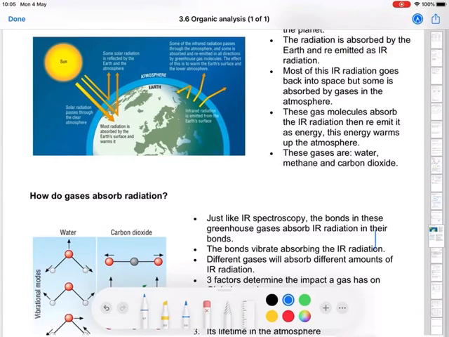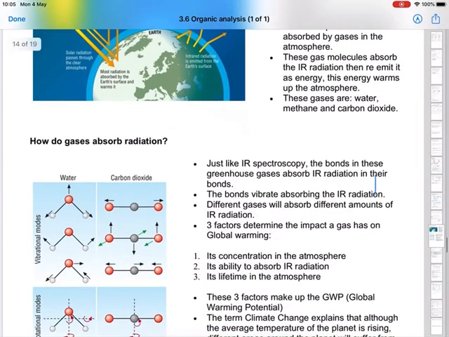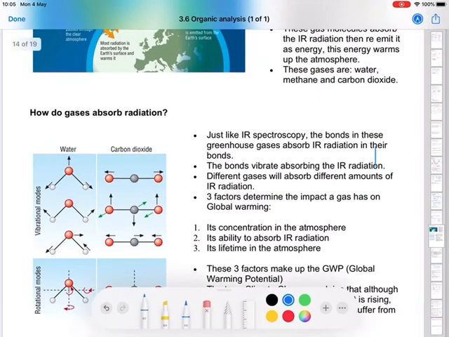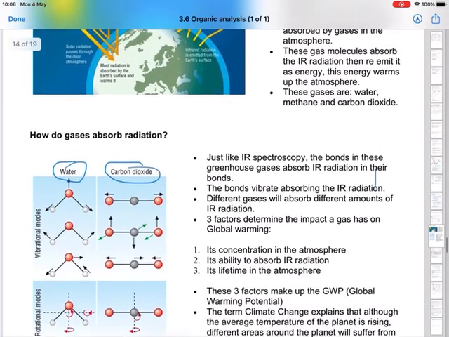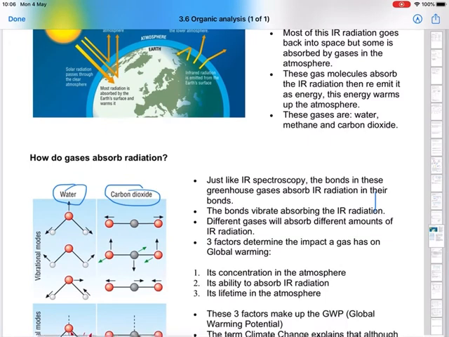If we look at these molecules here, we have quite a lot of water in our atmosphere, and also quite a lot of carbon dioxide. These molecules can do all sorts of vibrations, stretching and bending vibrations. We don't need to worry about the types of vibrations that occur, but you do need to know that these are the molecules that absorb infrared radiation. That basically traps that energy in the atmosphere, which is why we have global warming.